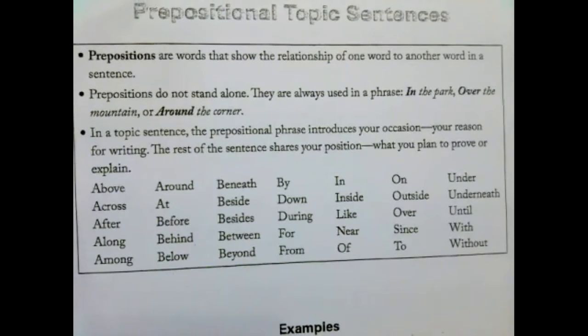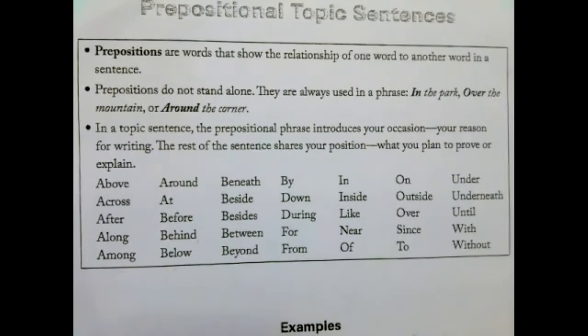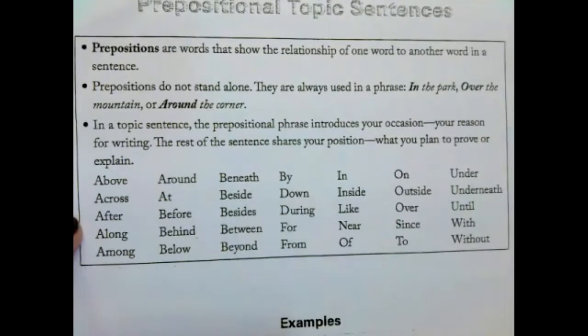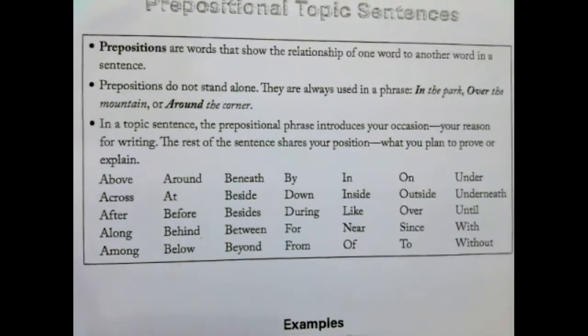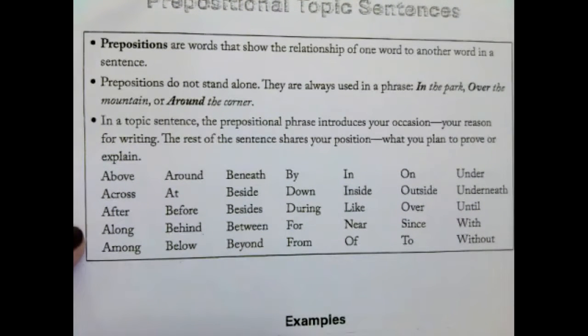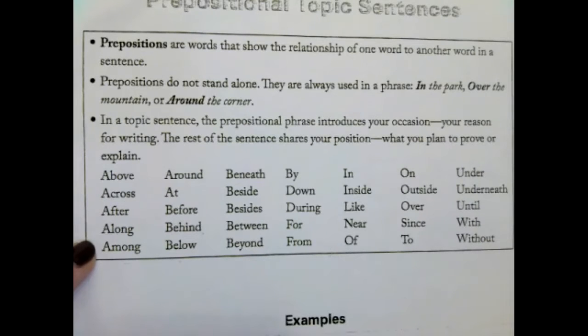Well, first of all, we want to show them a list of prepositions, and we can say to them, what do all of these words have in common? Or for the most part, what do they have in common? And they might say, well, they all tell me where something is, like a direction. And that's where you want to say yes.